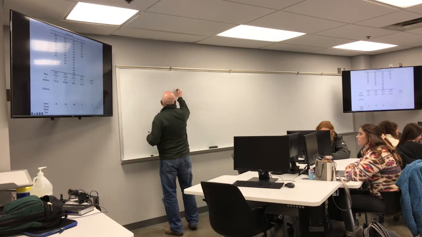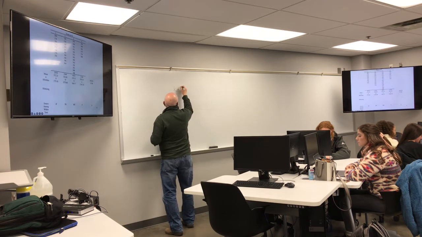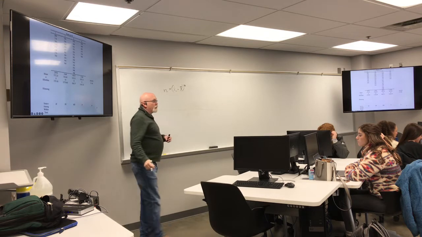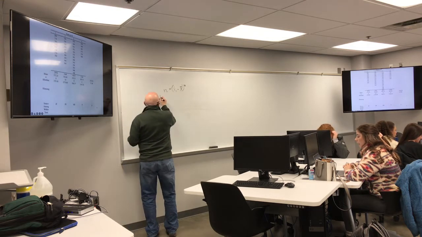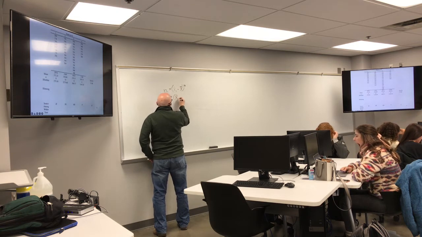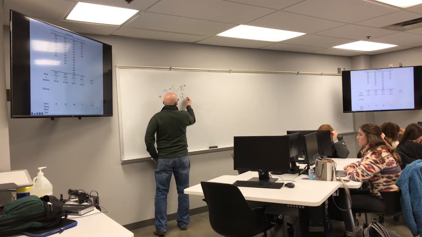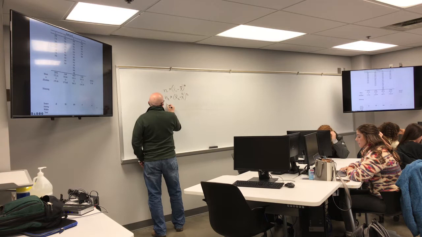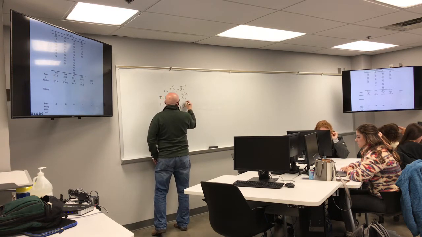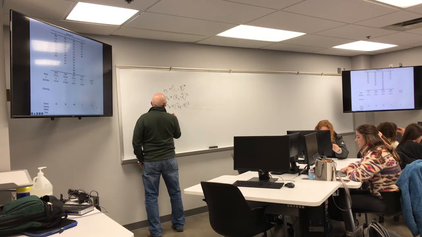So you take the mean of sample 1 minus the grand mean squared, multiply times the sample size of sample 1, add that to the sample size of sample 2 times the mean of sample 2 minus the grand mean squared, plus sample 3, plus sample 4.